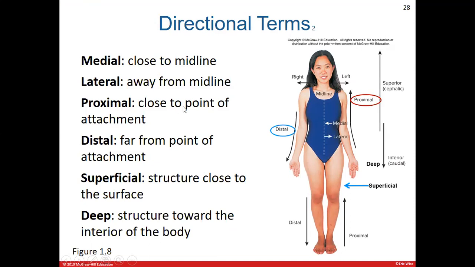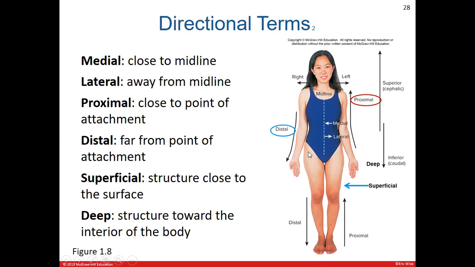Proximal and distal. Proximal is something that's closer to the point of attachment. Usually you see these used in the appendages, in the limbs. So you'll see these used in the arms and in the legs. And then distal is something that's further away from the point of attachment. So the ankle is distal to the knee. The ankle is further away from the knee.